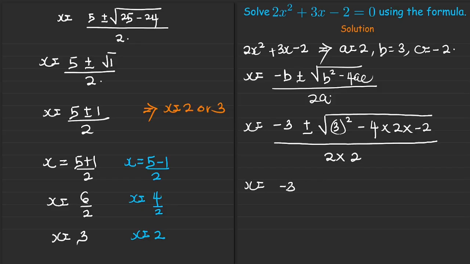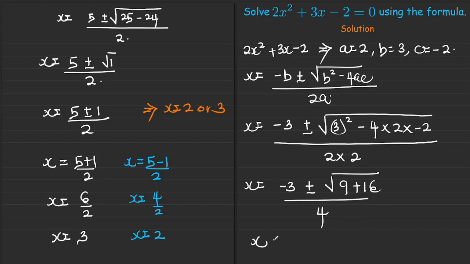So we have -3 plus or minus the square root of 3 squared gives us a 9. So 9, and -4 times 2 gives us a -8. Negative 8 times negative 2 then gives us a positive 16, all over 2 times 2, which is 4. We need further simplification.